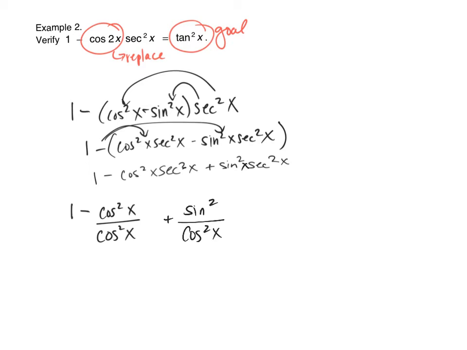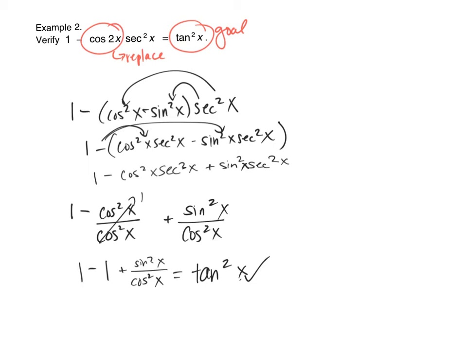This first fraction becomes 1, so that is 1 minus 1. And then I'm left with sine squared of x over cosine squared of x. 1 minus 1 is 0, and sine over cosine is tangent. They're both squared, so it becomes tangent squared x. So I've met my goal.